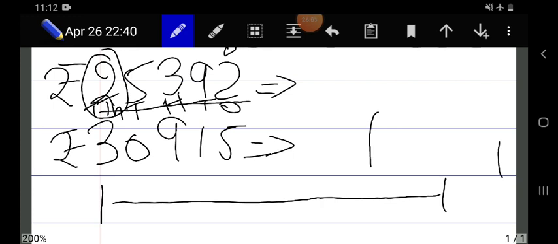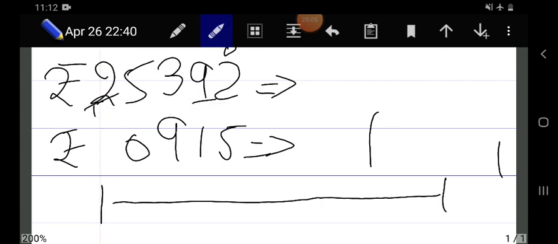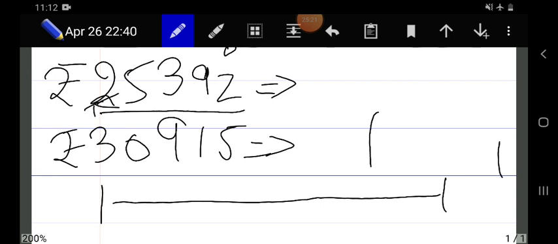But there is a little bit of change in this. I'm going to explain. Just listen very carefully. Suppose, students, we estimate this number to the highest place value, which here is 10,000. 25,392 will lie between 20,000 and 30,000.